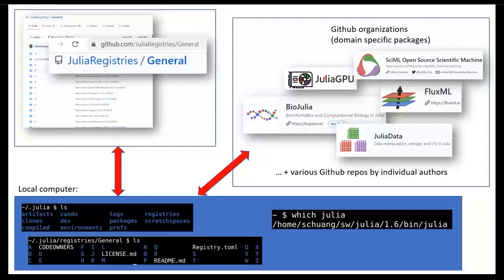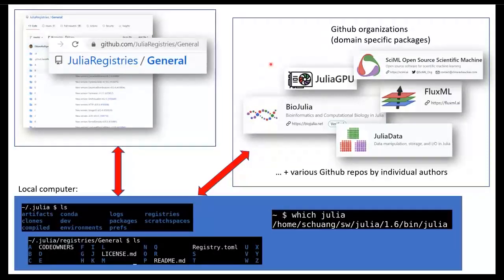The second part is a bunch of GitHub repositories hosting the packages themselves. This is where the authors of the packages maintain their packages. GitHub or Git is probably the most popular tool for keeping track of changes, and Julia uses this mechanism extensively for package management.